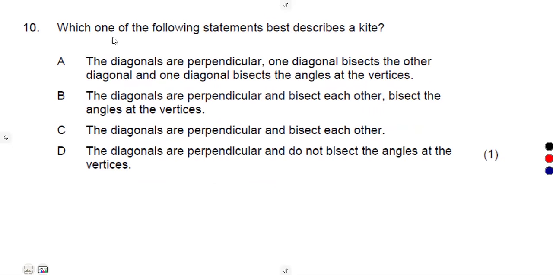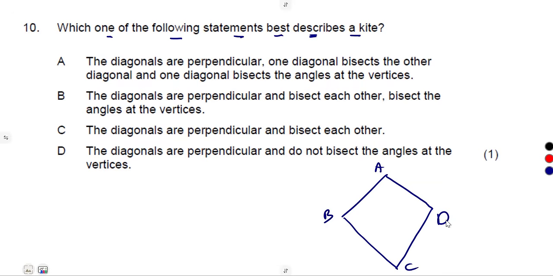All right, let's see, there is supposed to be another part here, which is number 10. Which one of the following statements best describes a kite? So a kite, we do understand this. All right, we have got something like this, and let's say this is A, B, C, D. The sides AB, AD will be equal.